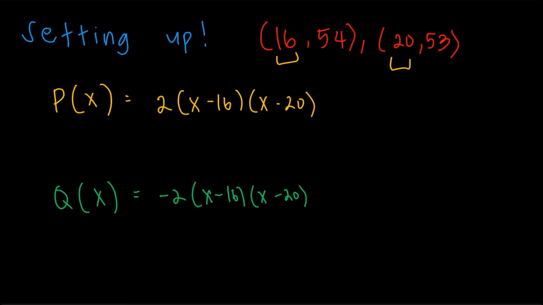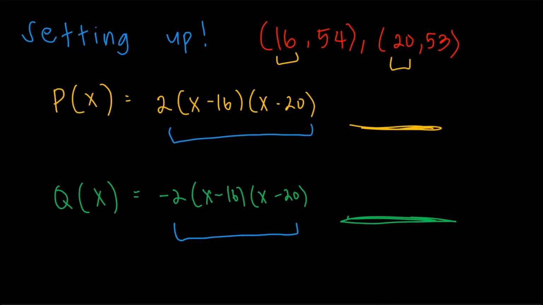So there should be something added somewhere here and somewhere here that's going to help us get the desired values. What's nice about having this factored part in front is that if I substitute x to be 16 or 20, it's 0.